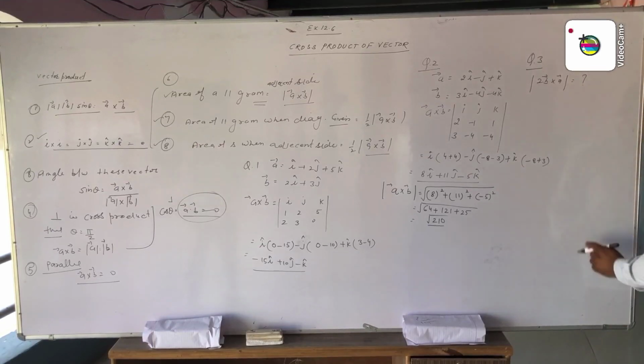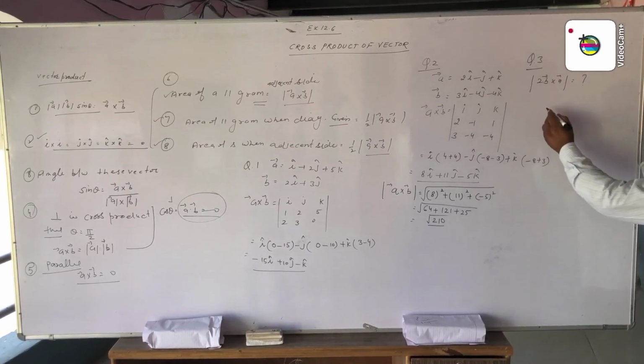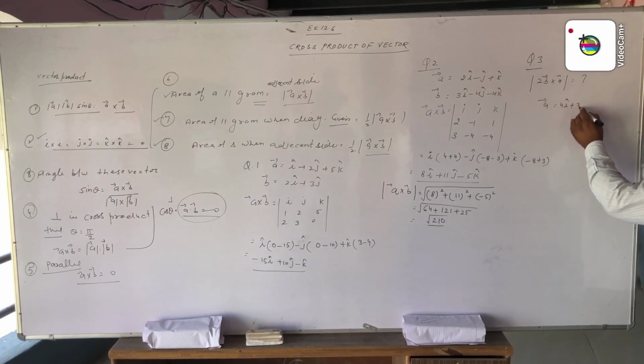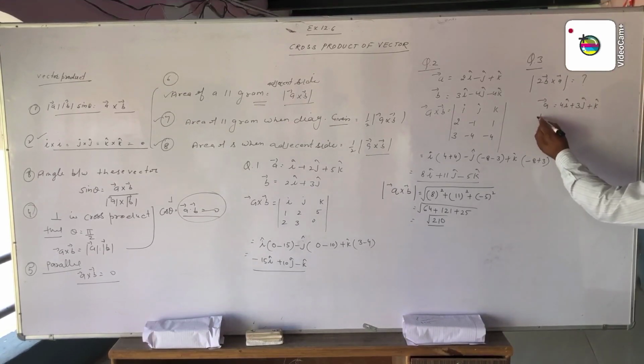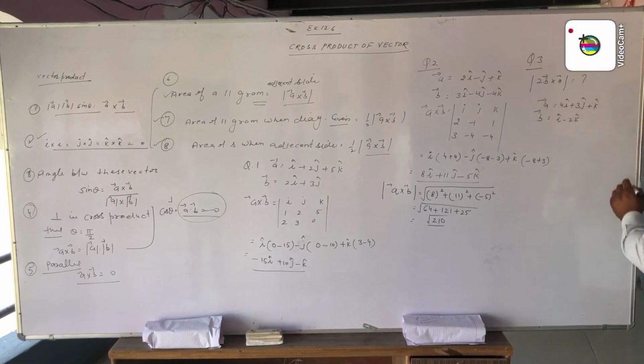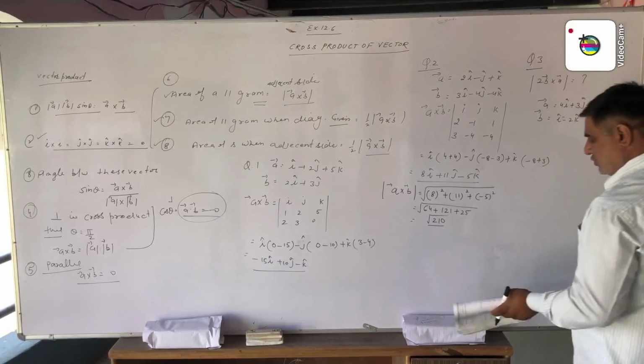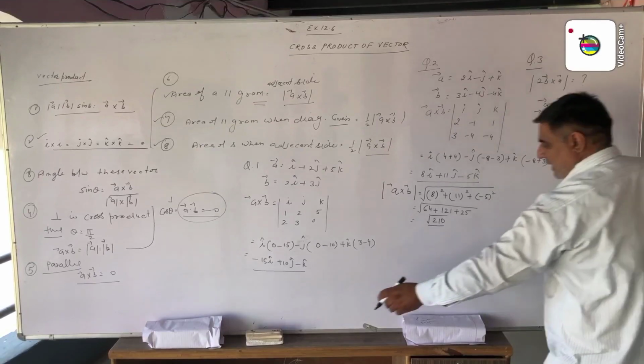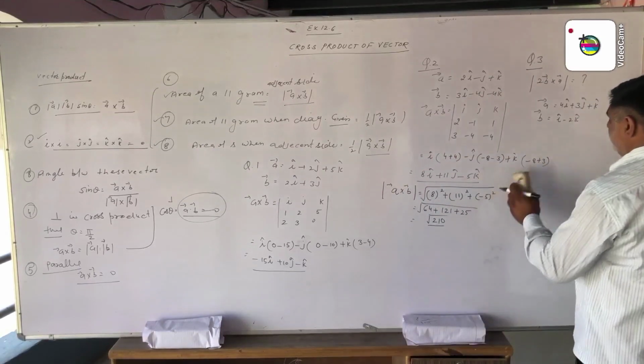Here the vector A is given by 4i plus 3j plus k and vector B is equal to i minus 2k. We have to find the magnitude of these two vectors. Now first we have to find 2b.